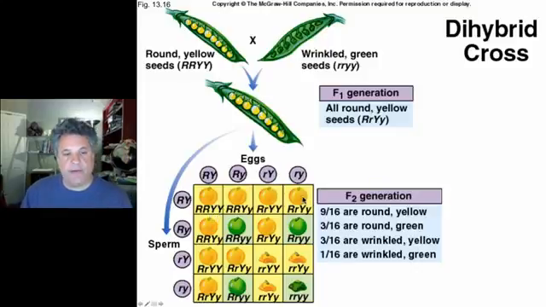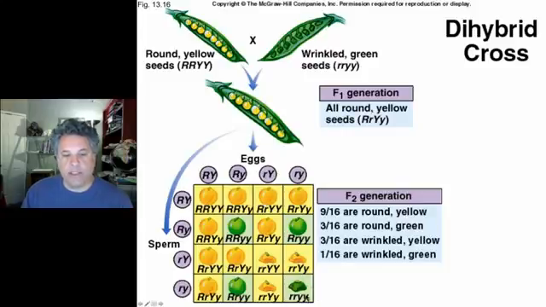So actually, if you were to look at these 9/16 of the peas that have the double dominant phenotype a little more carefully, you would find that there's only one genotype that actually has both dominant alleles for both character traits, for both pea texture, round, and for pea color, yellow. Whereas the other 8/9 of the round yellow progeny might have two dominant alleles for one trait, but are going to be heterozygous for the other trait. And that is true for the rest of the round yellow progeny.